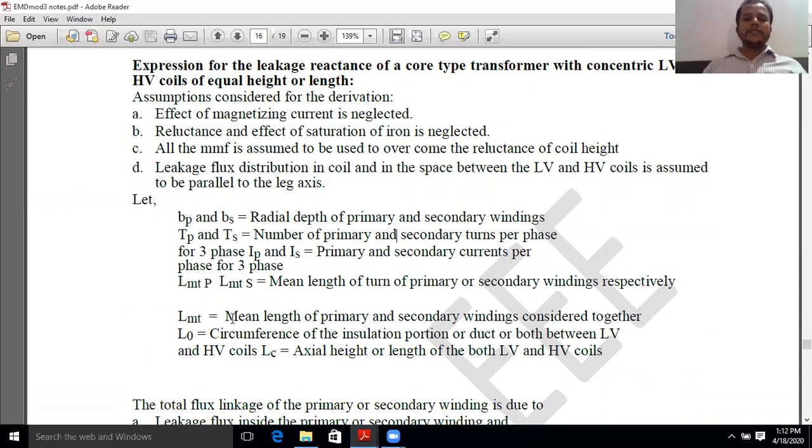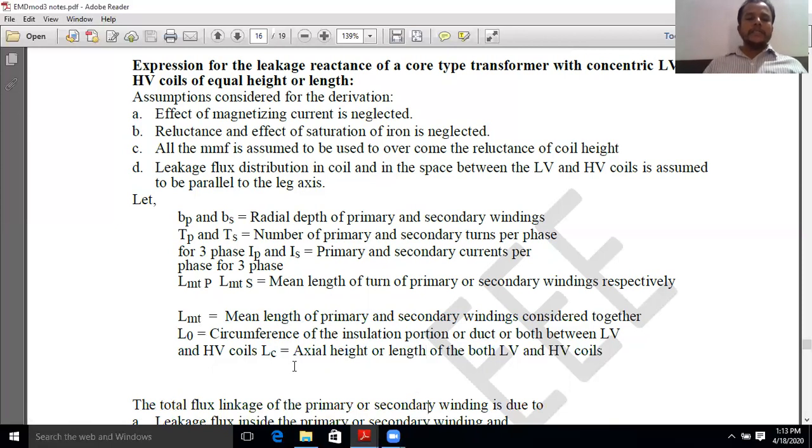So LMT is the mean length of primary and secondary winding considered together. L naught is the circumference of insulation portion or the duct or both between the LV and HV coils, and LC is the axial height or length of both the LV and HV coils. So here L naught and LC are very important.